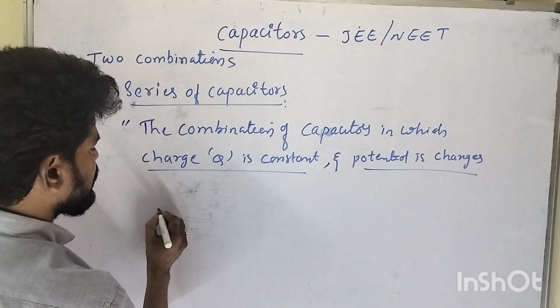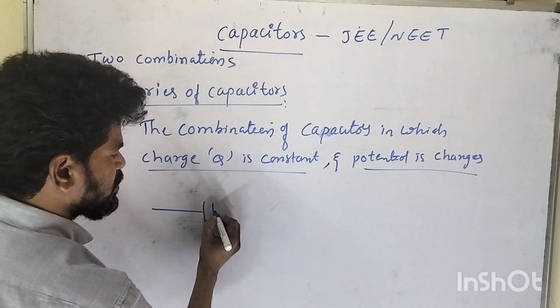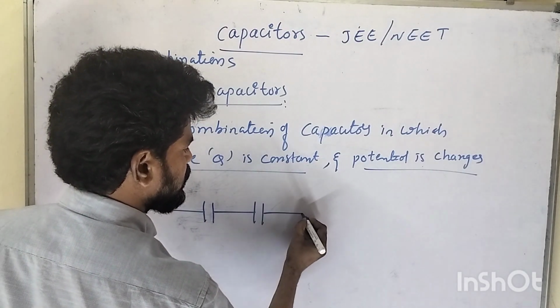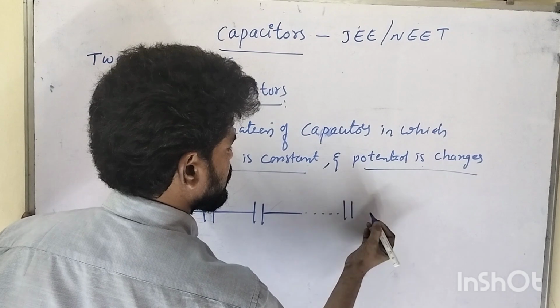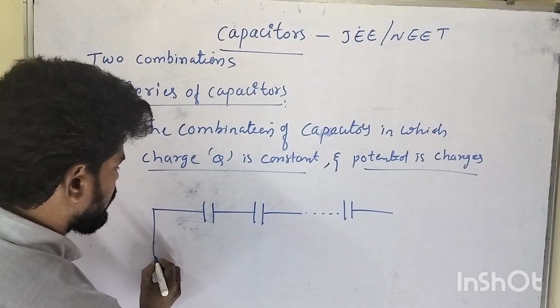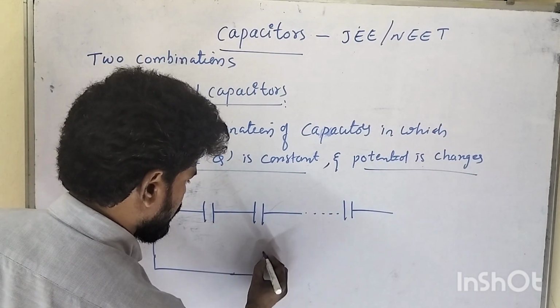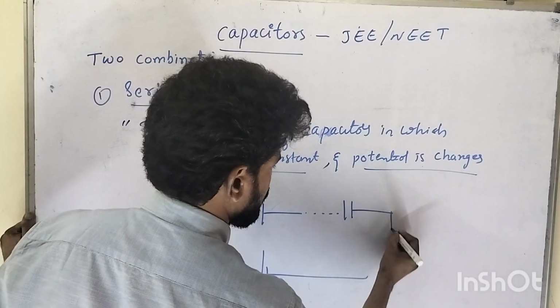Here I am taking n capacitors, 1, 2, 3 and so on up to n, connected to a battery like this. This is the battery.